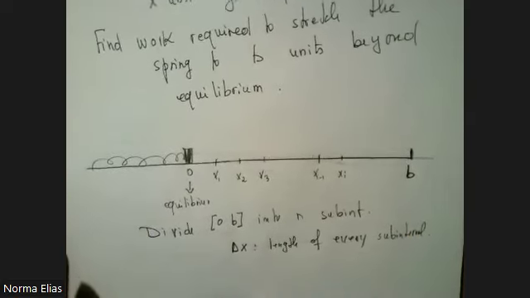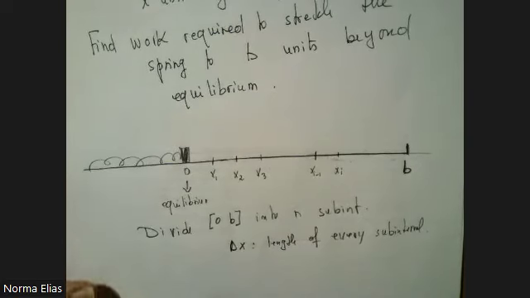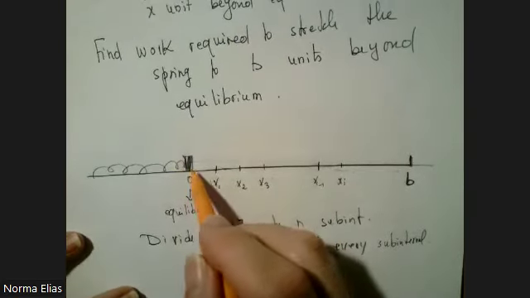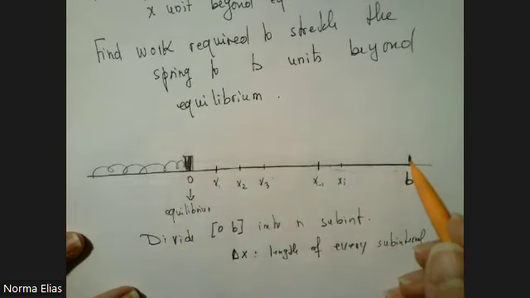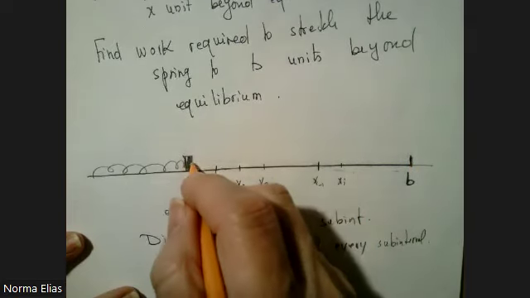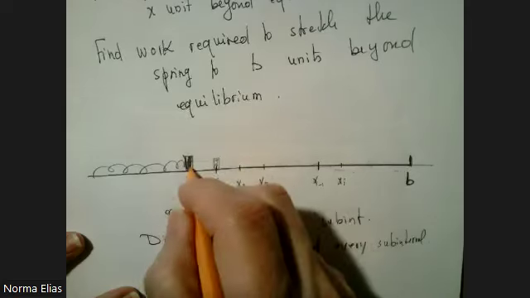All right, and now how are we going to think? We're going to think along the following line. I need to move this mass here. I'm going to stretch it all the way to here. The way we're going to think about work is like this. First, I'm going to move it from 0 to here, a little bit.